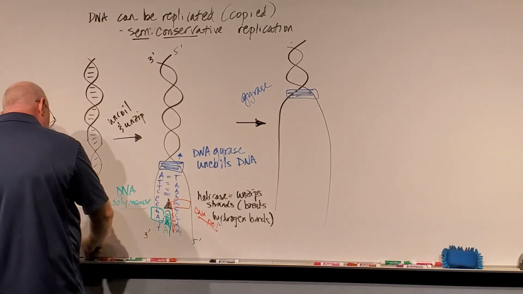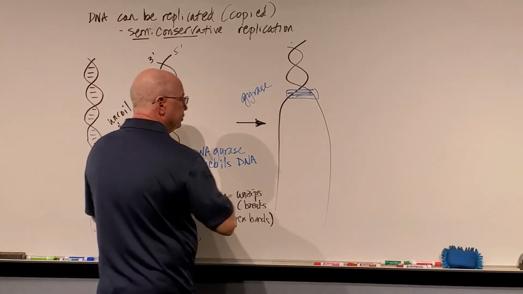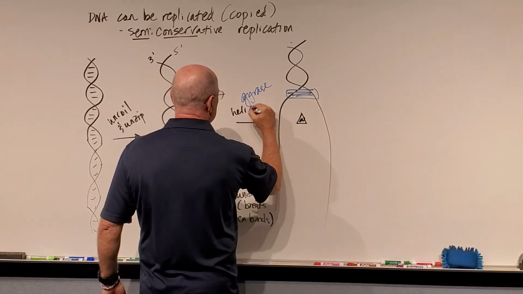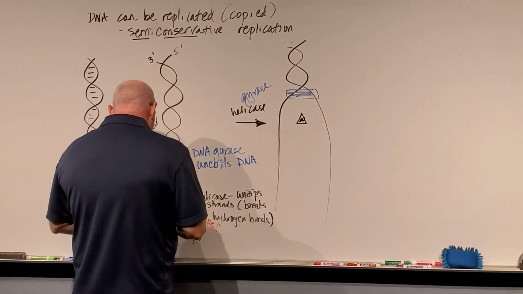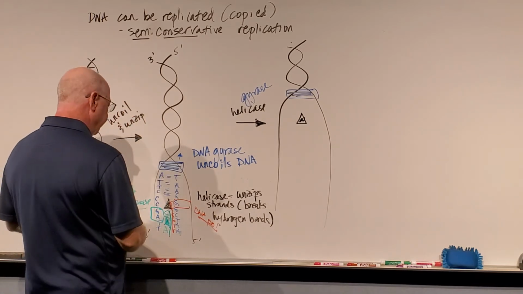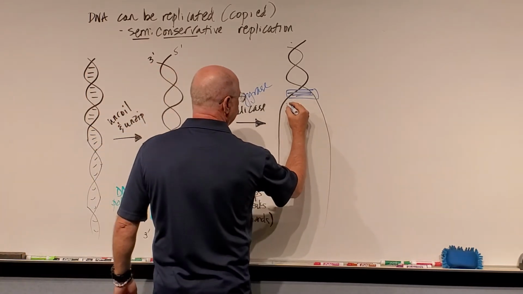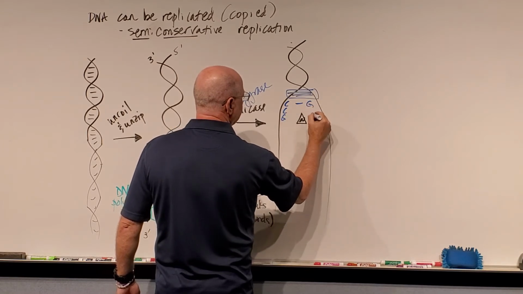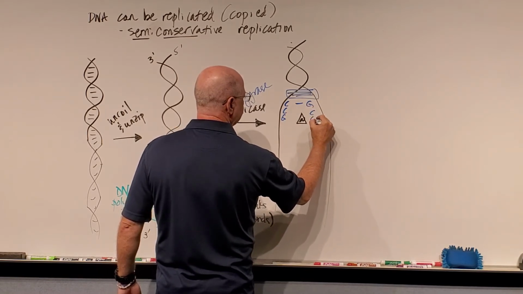It's still uncoiling the DNA. I still have my enzyme helicase. It's still unzipping bases. And let's say I have a bunch of bases here. And at this point, I have C, C, G, and this one's still stuck together, but the others are being broken.